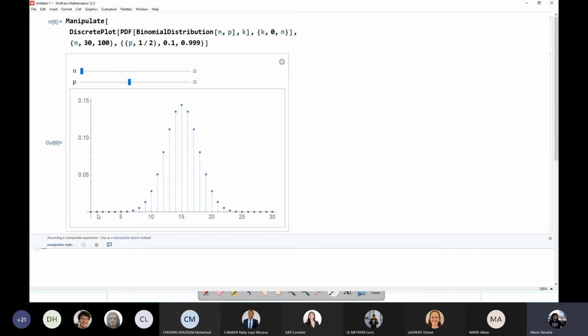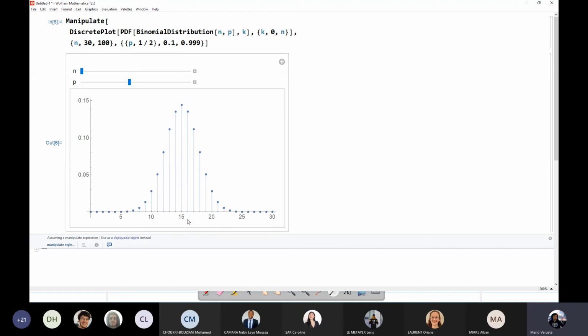So if I launch the coin 30 times, I am not really expecting a low number of ones. It's also not likely to have a big number of ones, like 30 times I get 1. This is not really likely, but it's very likely to have a middle number of them.